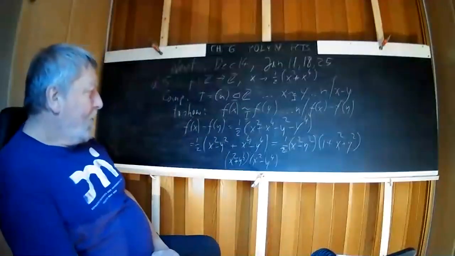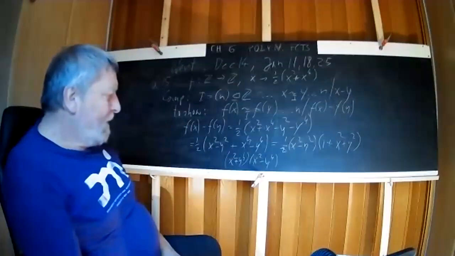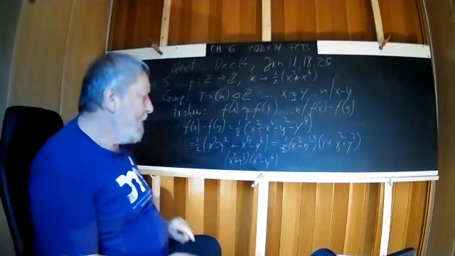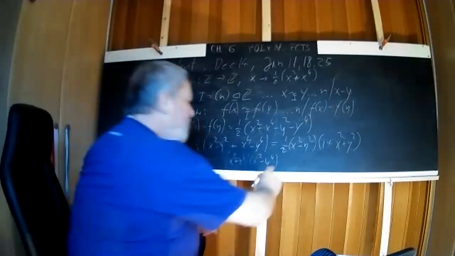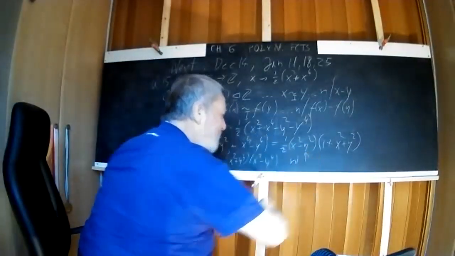Okay, now we know that n divides x minus y. This is x minus y times x plus y. And so n divides this thing here.